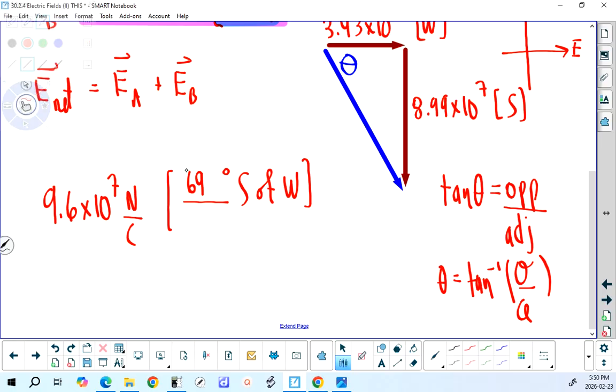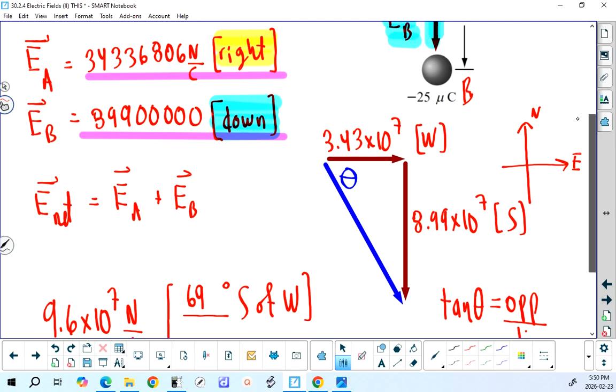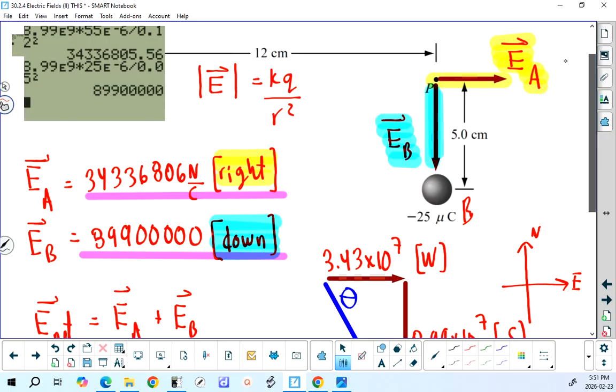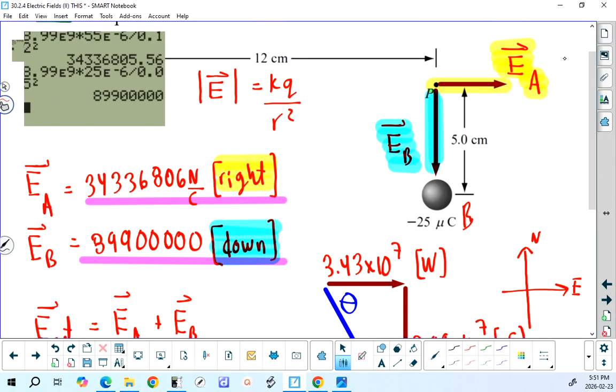On a diploma exam or a unit exam, what they might do, to avoid having to deal with the whole direction thing, southwest, right, down, all that stuff, is the original question, so I'm about to erase a bunch of stuff here.